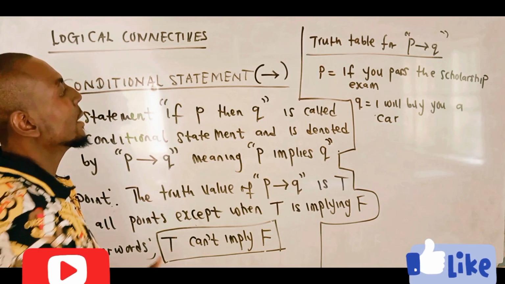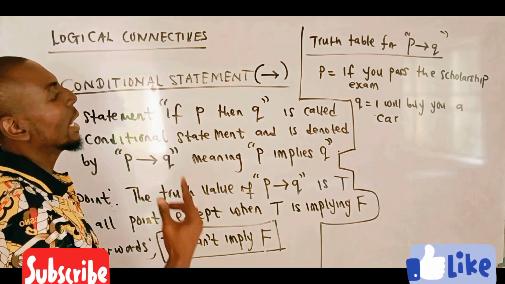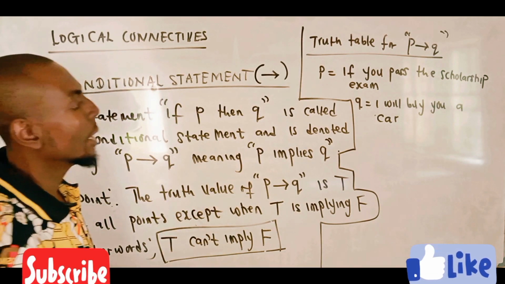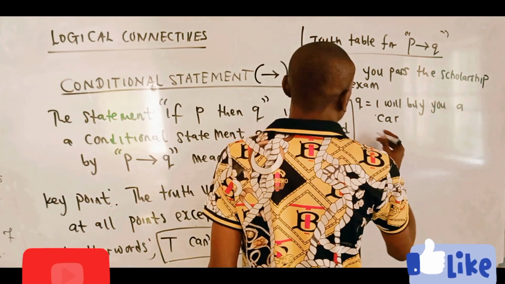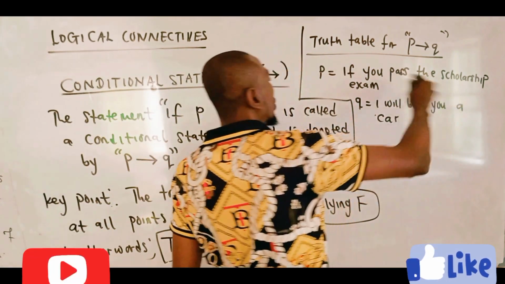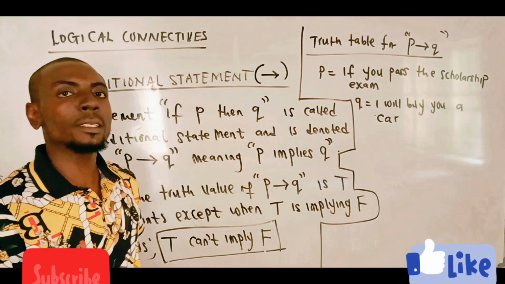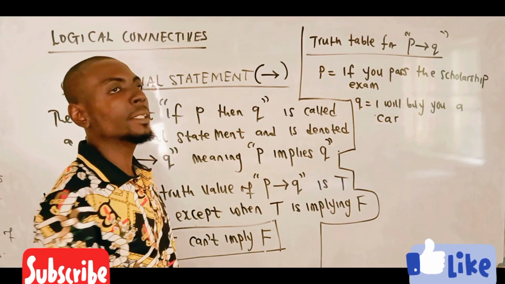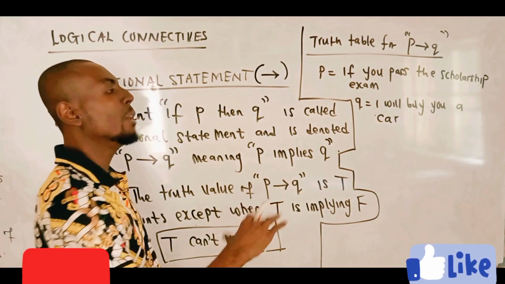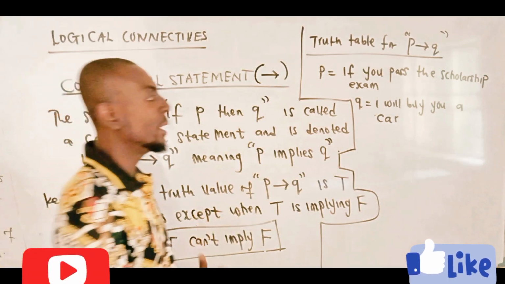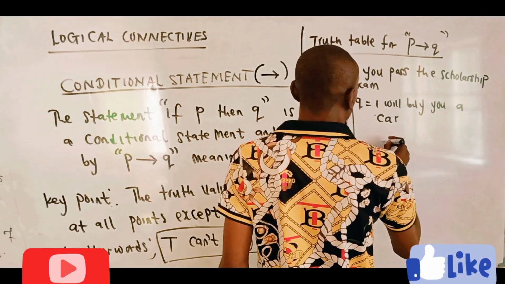Okay, if you pass the scholarship exam, I will buy you a car. Let's experiment the logic behind these statements in form of what? Truth table. Okay, here we go.